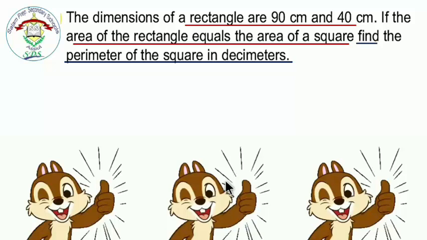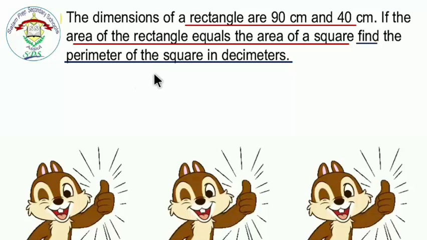The dimensions of a rectangle are 90 centimeter and 40 centimeter. If the area of the rectangle equals the area of a square, find the perimeter of the square in decimeter. To find the perimeter of a square, we must find the side length of the square.